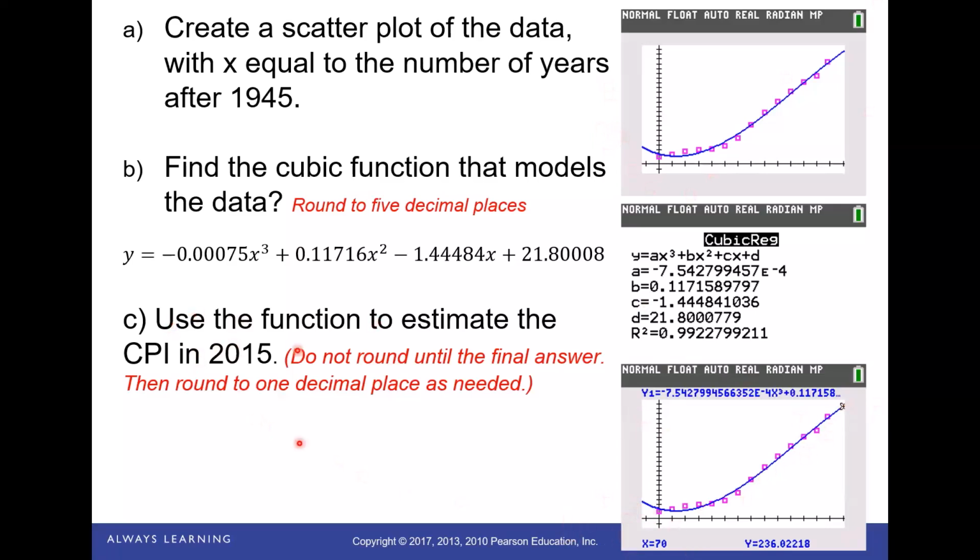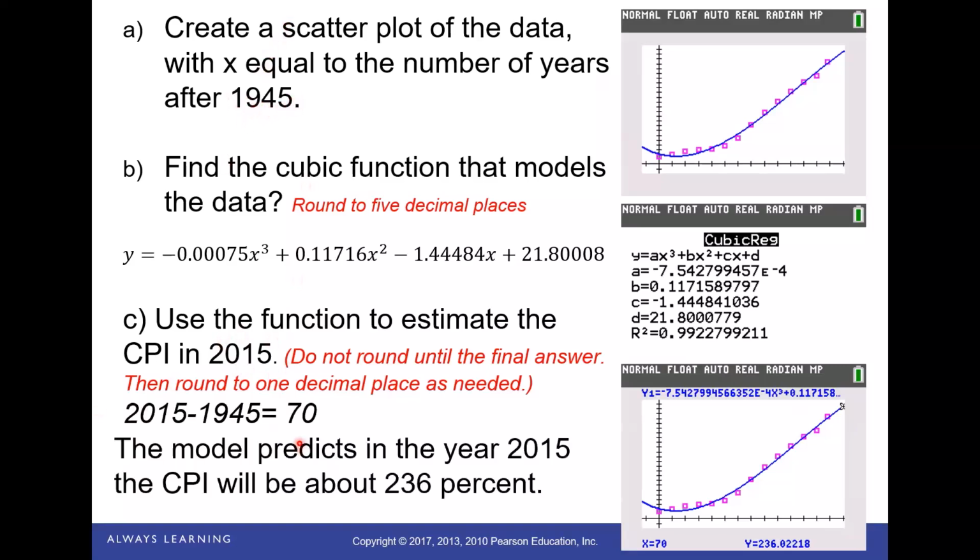But what I want to do is use it for the year 2015. Now, guys, do remember that we didn't actually plug in the years. We plugged in the number of years after 1945. So before I can do any of that work, you are going to have to figure out what that is, which is going to give me 70 years later. Then I can plug in 70 to predict what the model is going to be. In my case here, it ended up predicting about 236%.